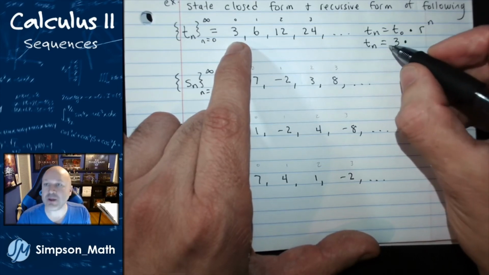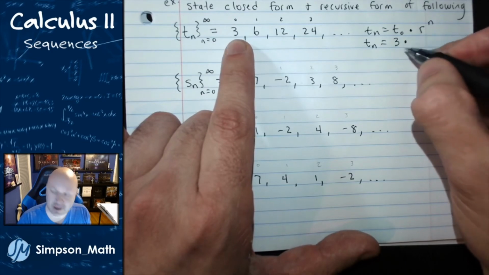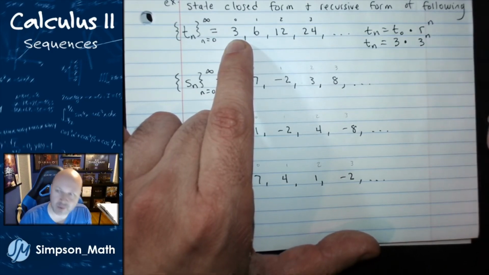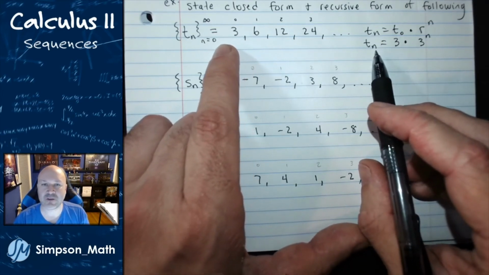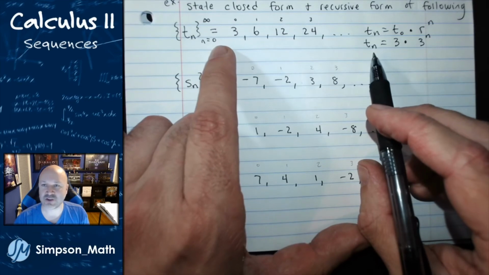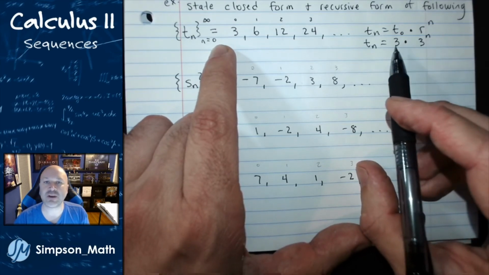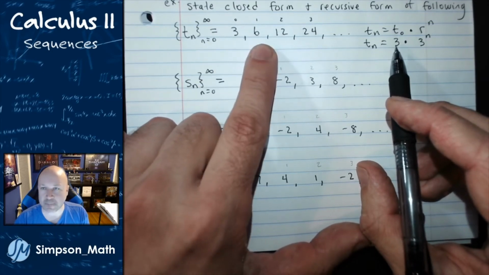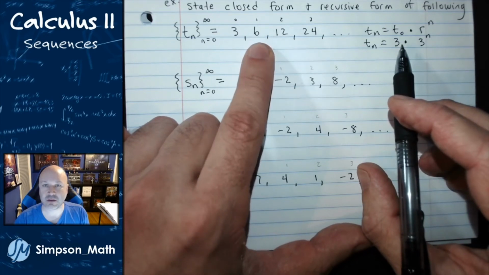So T sub n will be the first value, 3, times 3 to the nth power. Okay, let's just double check that. If I plug in 0 for n, 3 to the 0 is 1. 1 times 3 gives us 3. So far, so good. If I let n be 1, 3 to the first is 3. 3 times 3 is 9.